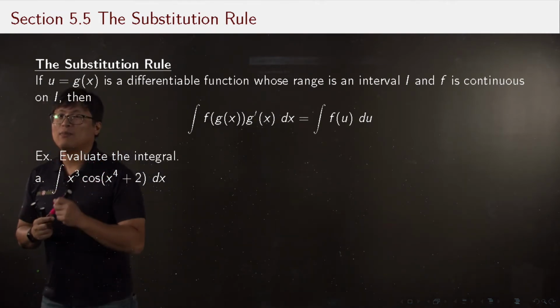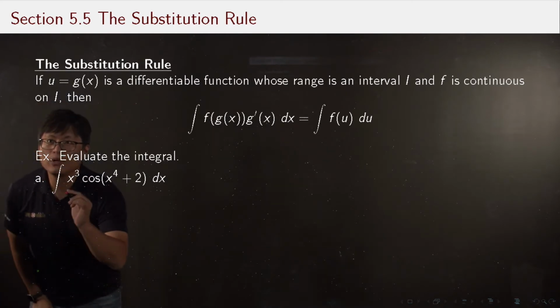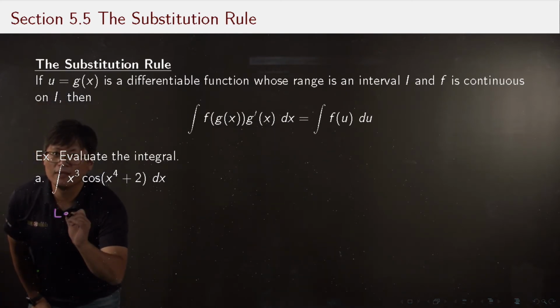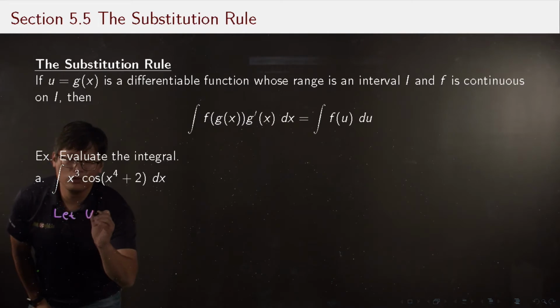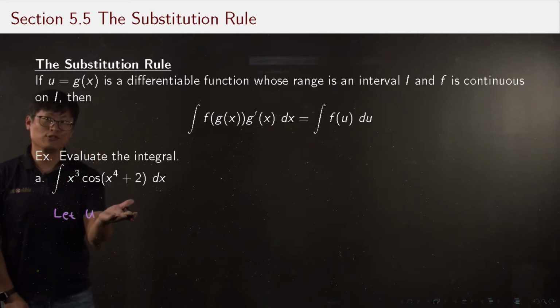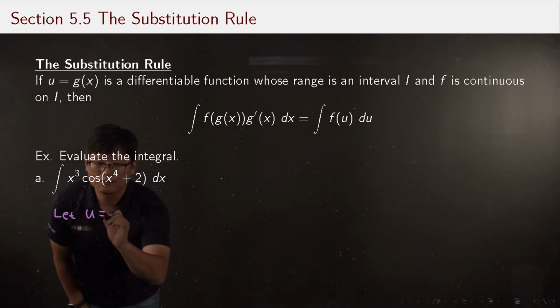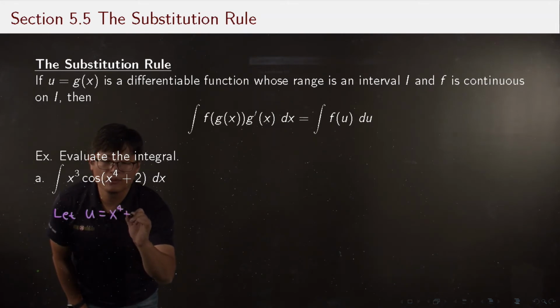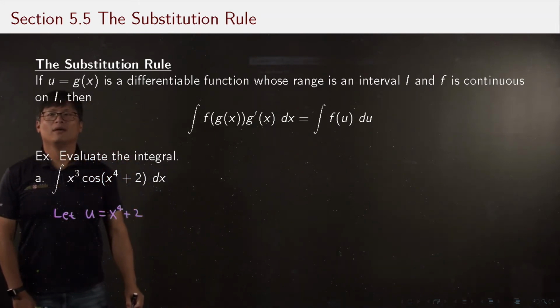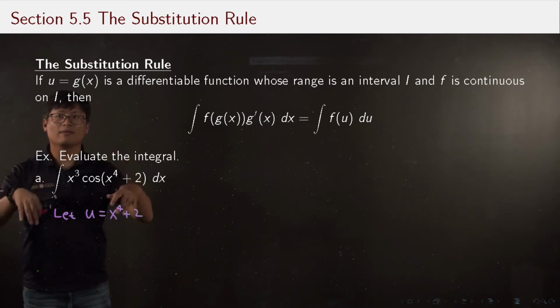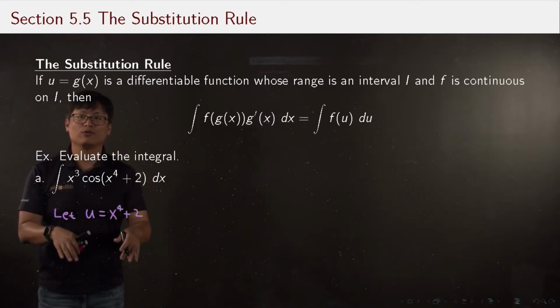Let me do the pre-step first. Let me define a new variable u. That's why the nickname of this one is u-sub. And u is x to the 4 plus 2. The second step is we take the derivative with respect to x.